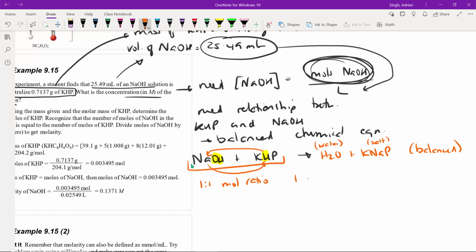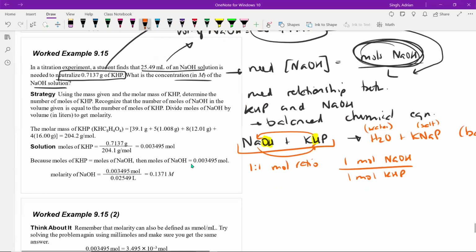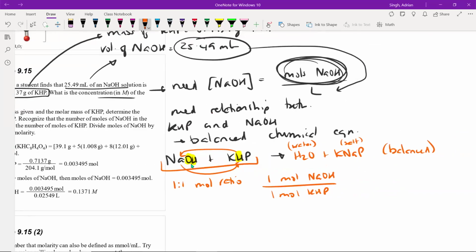This means that 1 mole of NaOH reacts with 1 mole of KHP. And that is the main thing we get from stoichiometric calculations: that mole-to-mole ratio, which are just the coefficients from the balanced equation.